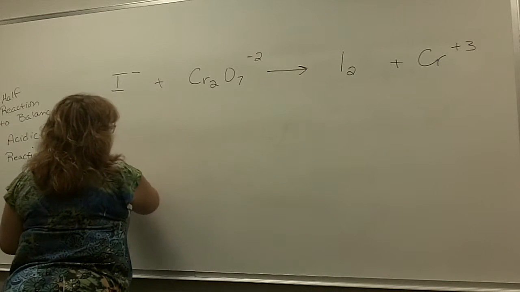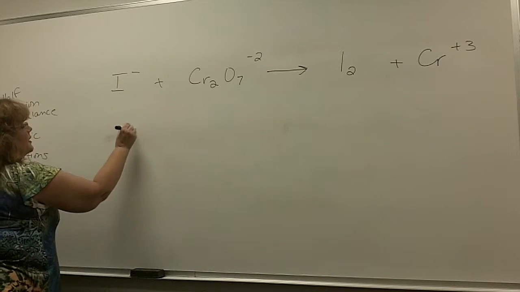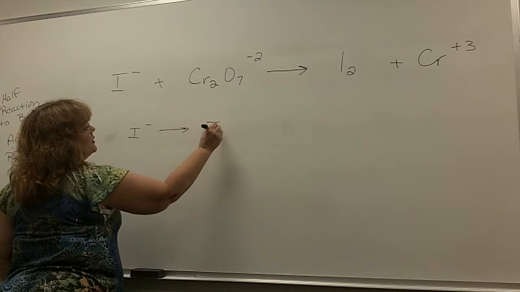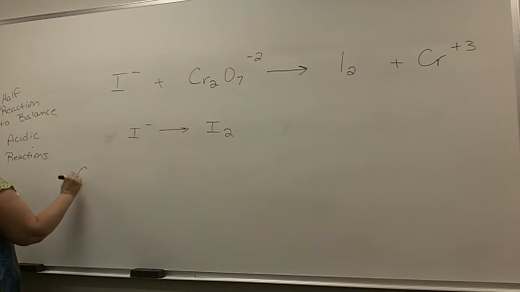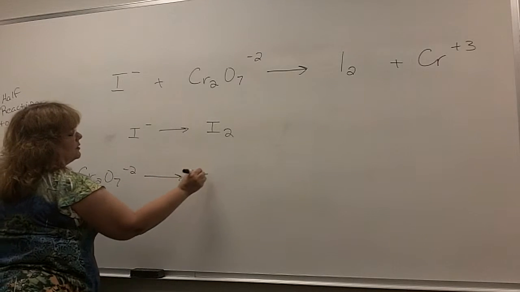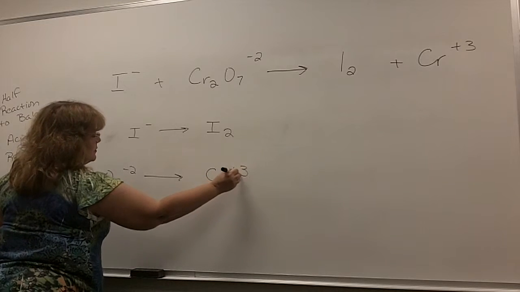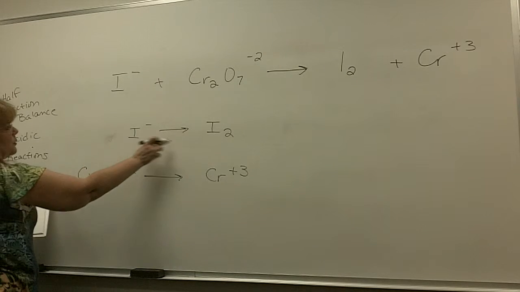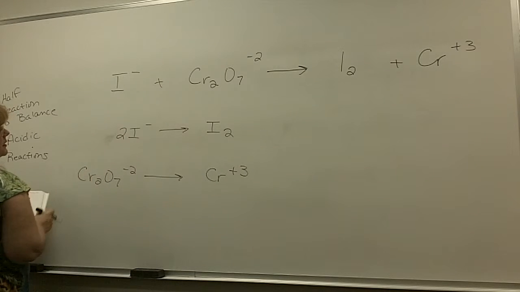From the get-go. All right, so we've got iodine, 2, iodine, 2. We've got this, to this. Those are the 2 half reactions. Okay? So now we're going to balance the elements. So up here, I'm going to balance that.